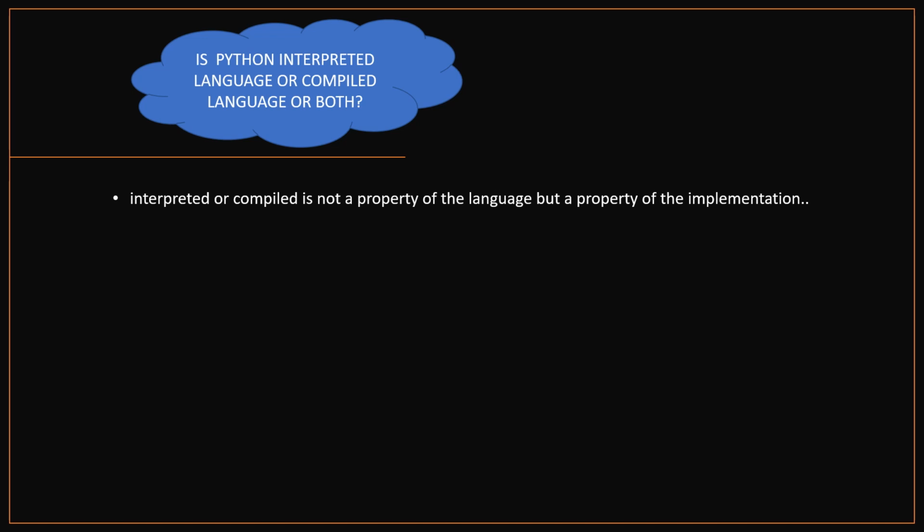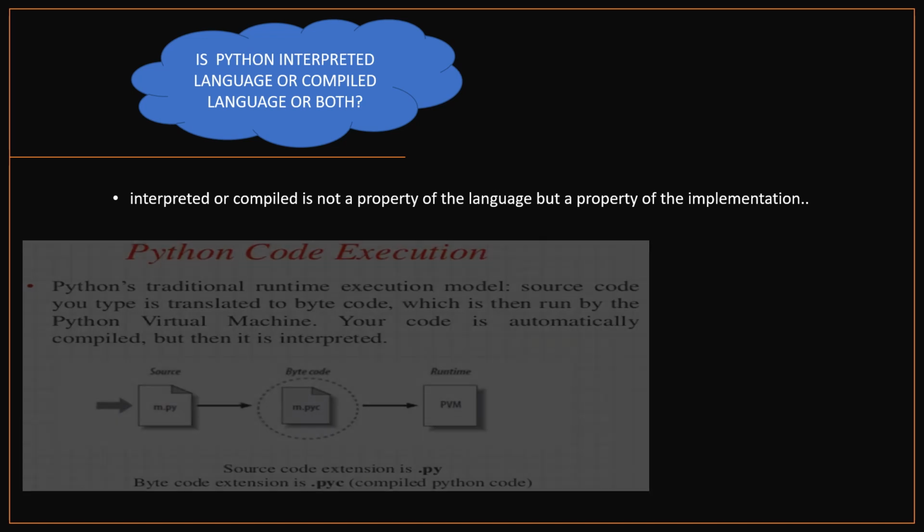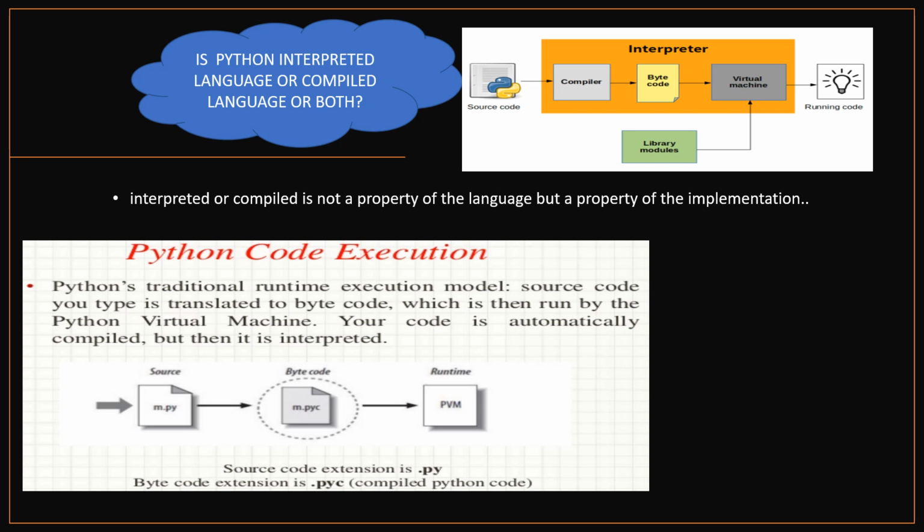So to know whether Python is an interpreted language or a compiled language, we should understand how Python is implemented. So let us see that first. Look at this diagram. We have a source code, and Python is implemented in such a way that it will directly give us the bytecode. Internally, automatically, this compilation step will be done by Python itself.